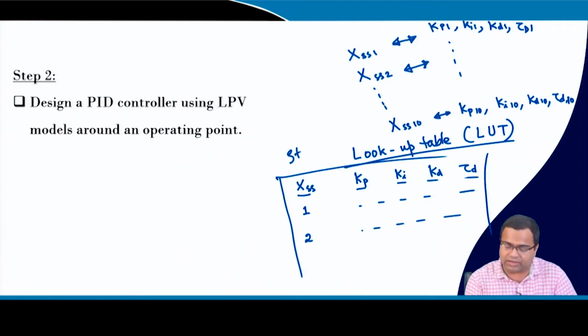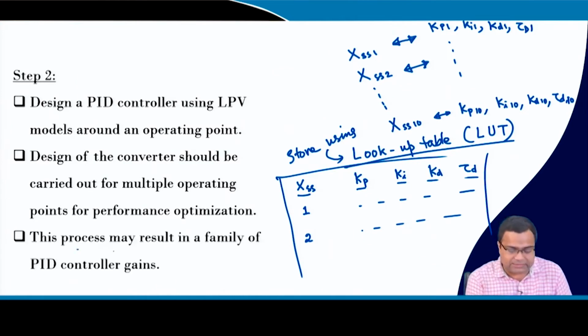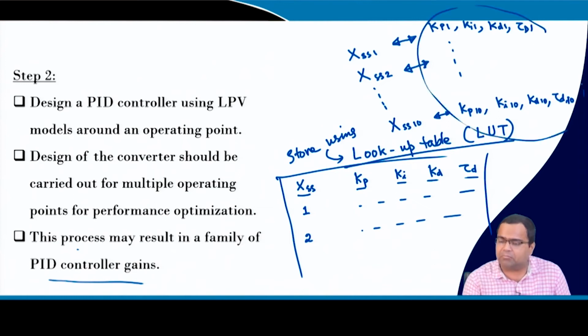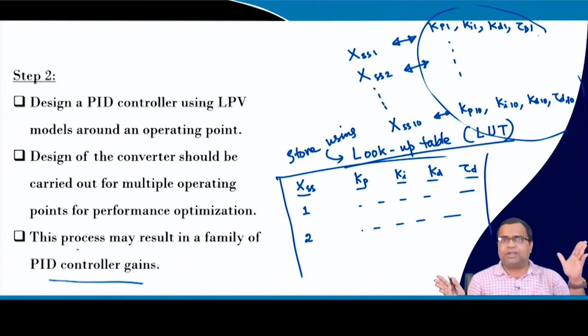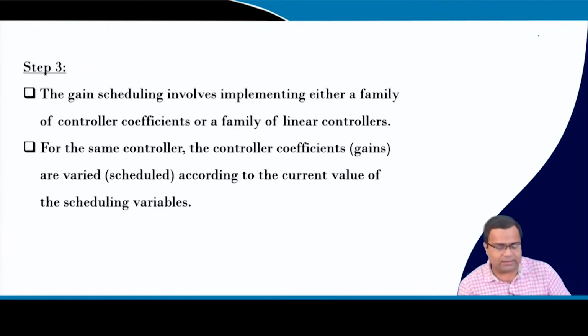So, multiple operating points we can compute, and this results in a family of PID controller gains. Then for each coefficient I can use a lookup table, with the scheduling variable.